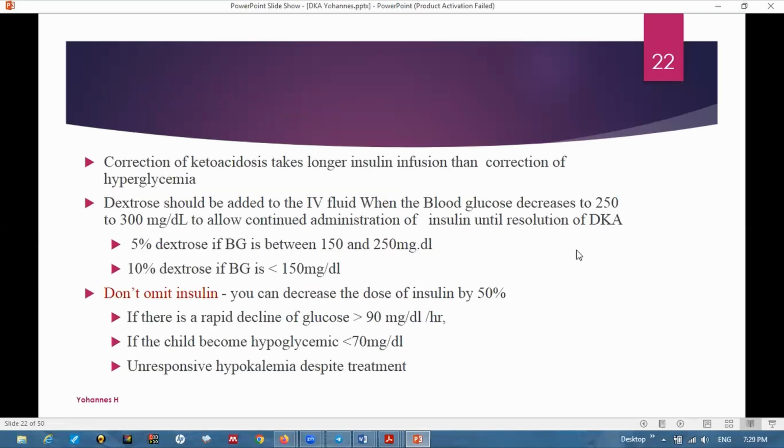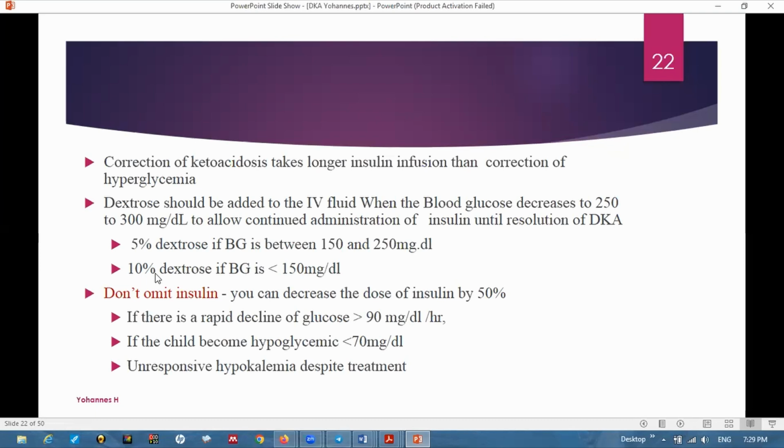Correction of ketoacidosis takes longer insulin infusion than correction of hyperglycemia. So dextrose should be added to the IV fluid when the blood glucose is between 300 and 200. We add 5% dextrose if there is rapid decrement in RBS, and we will make it 10% if the blood glucose is below 200.